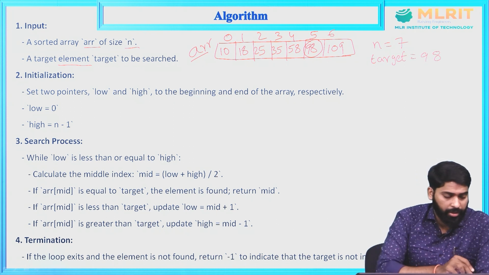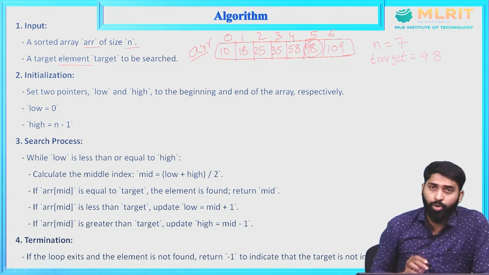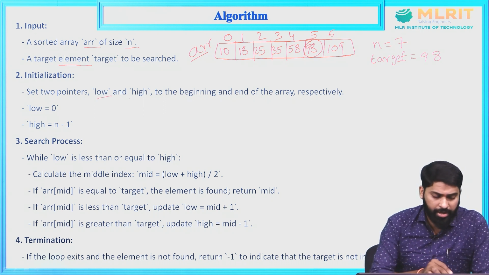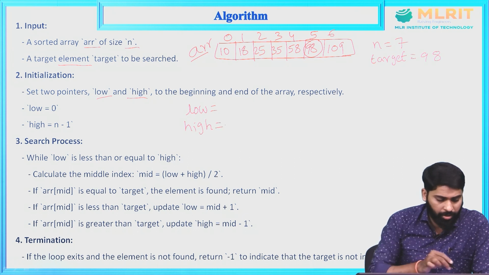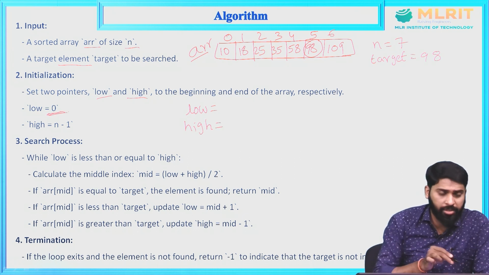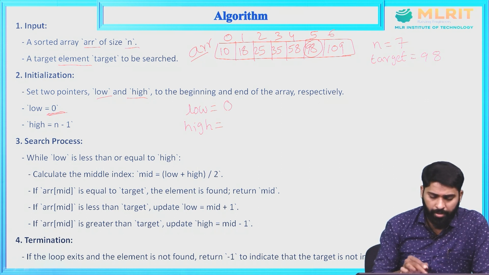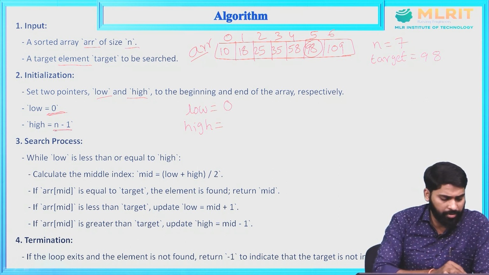Now initializations: set 2 pointers, low and high. One is low, another one is high. Low is initialized with 0 and high is initialized with n minus 1.